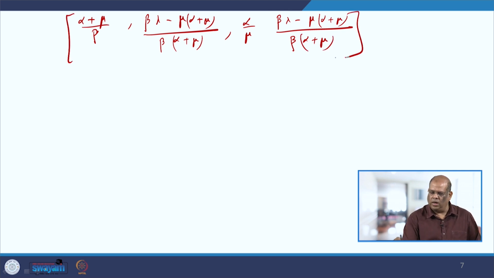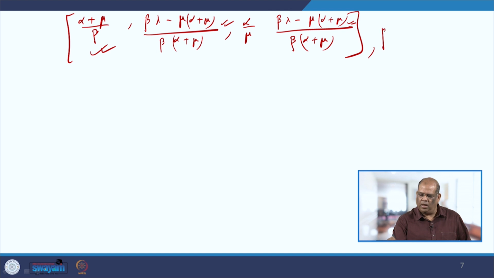Now, please notice that this is a positive quantity, and since they represent the population, this has to be positive and this has to be positive, and the condition for that is beta lambda minus mu times alpha plus mu has to be positive.